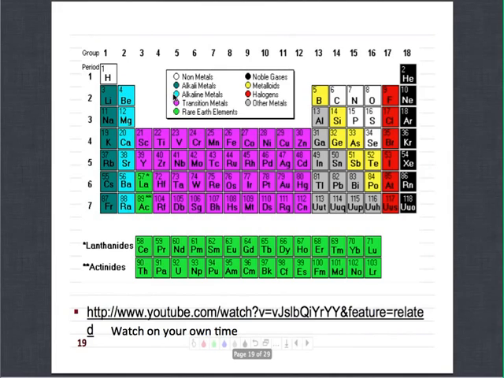Group 1 and group 2, all of them are metals except hydrogen. Now when we go to group 3A, I'm going to pause a little on the way that we name these groups. There are two ways to name the groups.